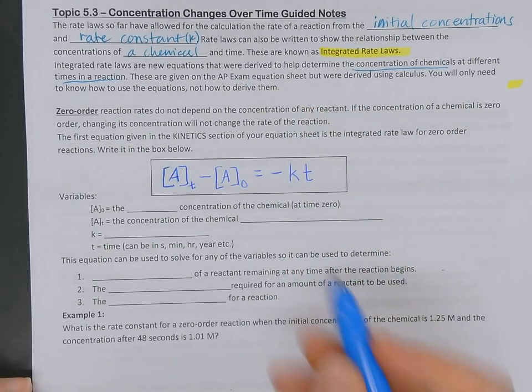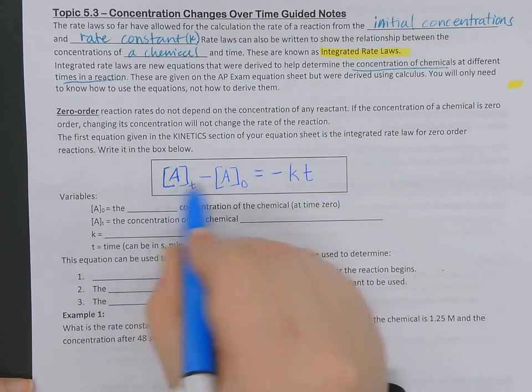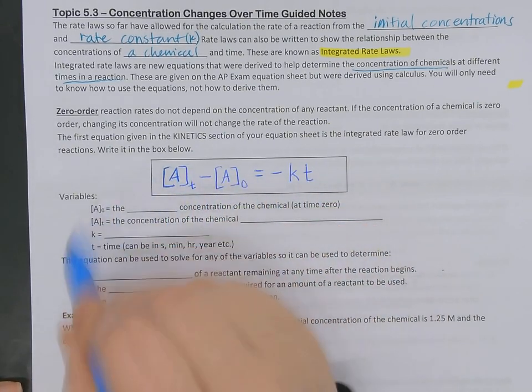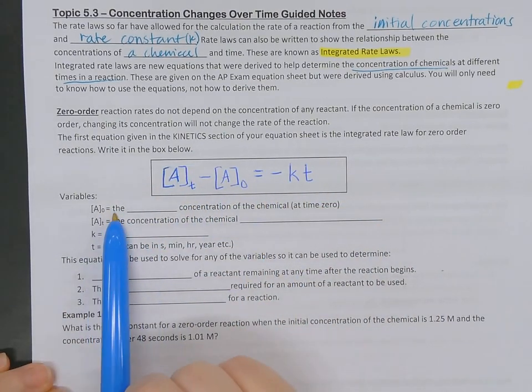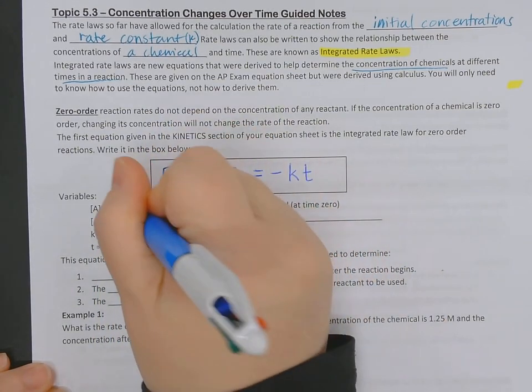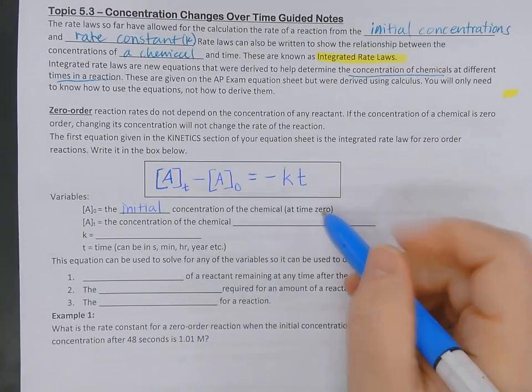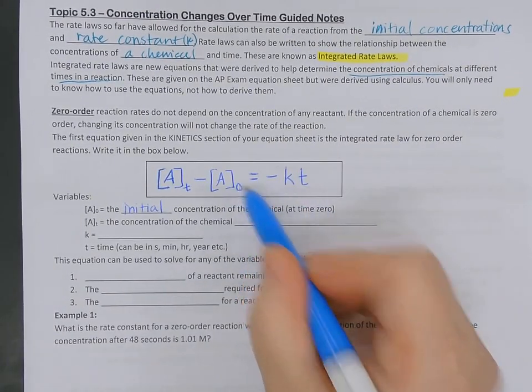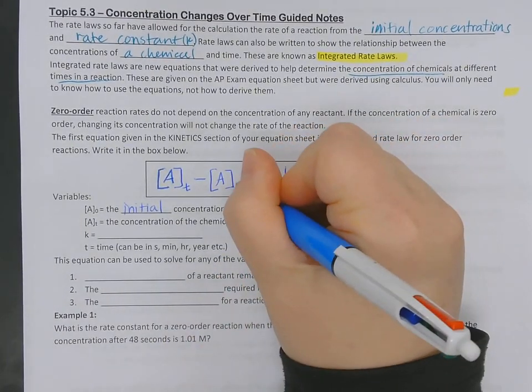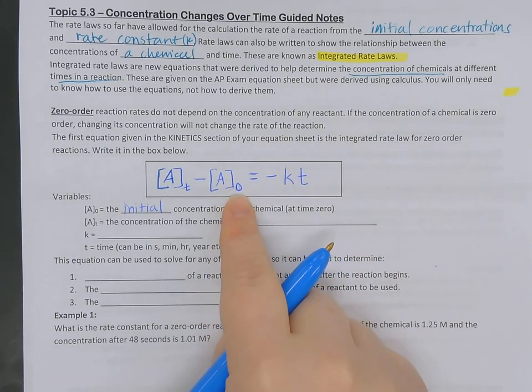So let's talk about what all of these variables are. We've got 4 different variables in our equation. So A with a little 0 is the initial or starting concentration of our chemical. So at time 0, which is why there's a little 0 there. So our concentration at that initial time.